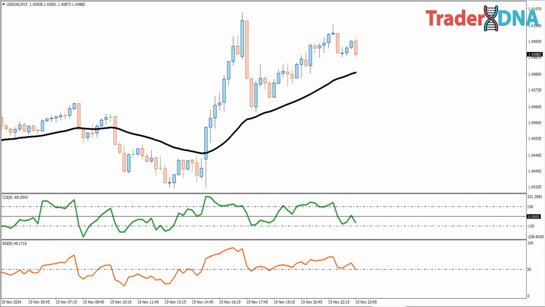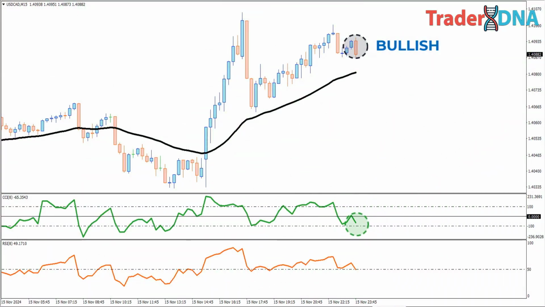Here's another example to further illustrate the application of this strategy. In this chart, the price is moving upward and positioned above the moving average line, which indicates that the prevailing trend is bullish. Next, we analyze the positions of the CCI and RSI lines relative to the key levels we discussed earlier.